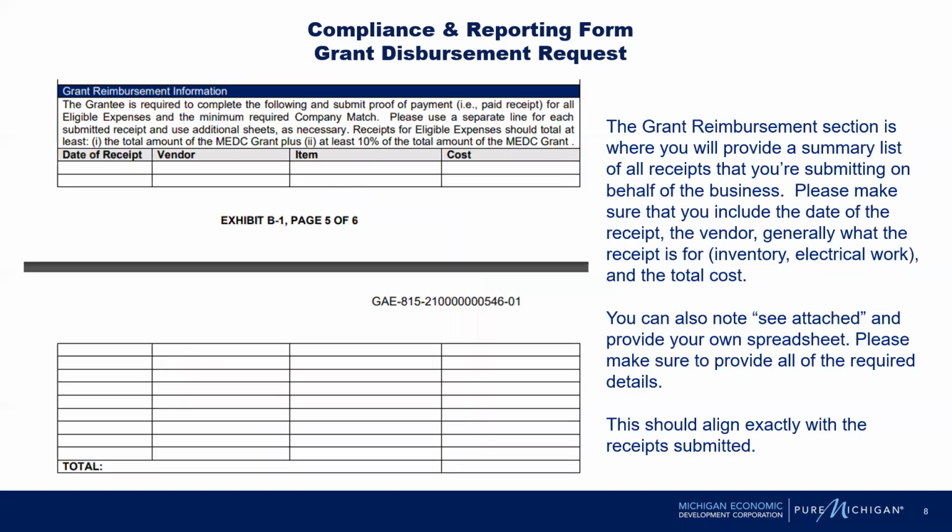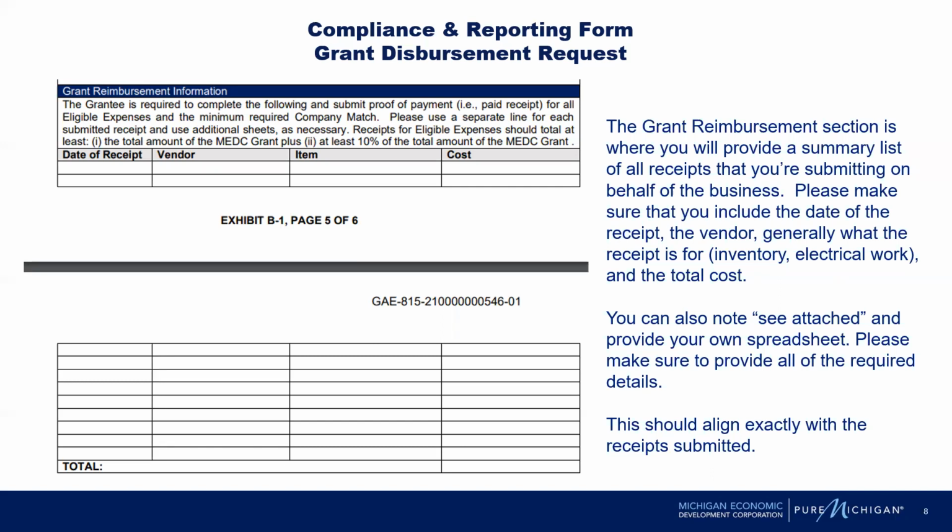The next section of this form is the grant reimbursement information. This is where you provide a summary list of all receipts that you're submitting on behalf of the business. Please make sure that you include the date of the receipt, the vendor, and generally what the receipt is for. Is it inventory? Is it electrical? Is it supplies? And the total cost.